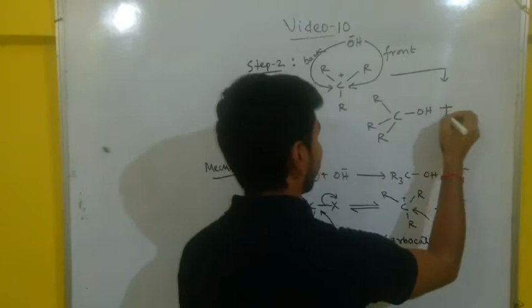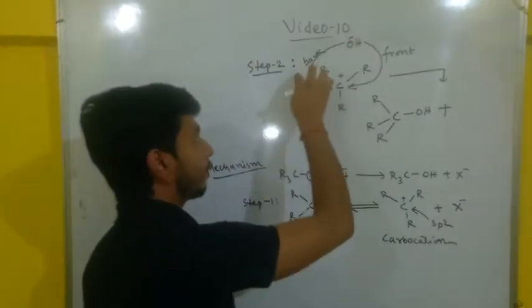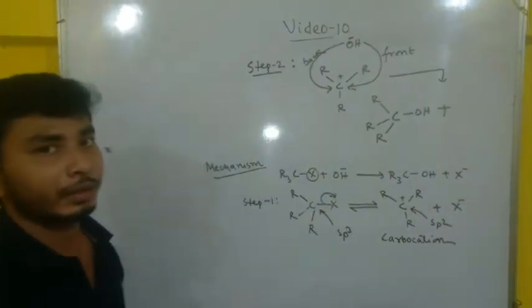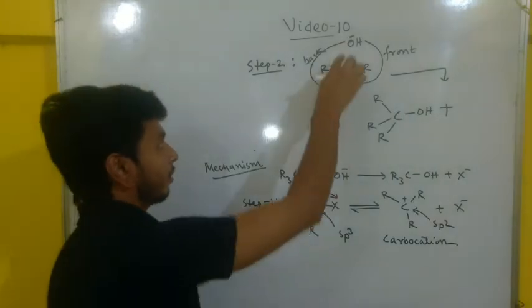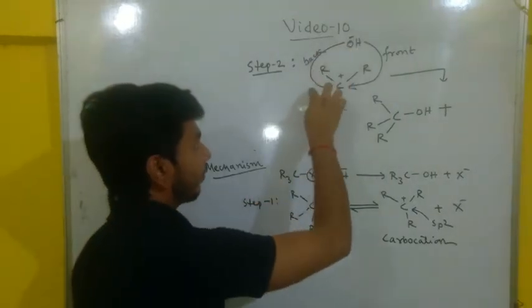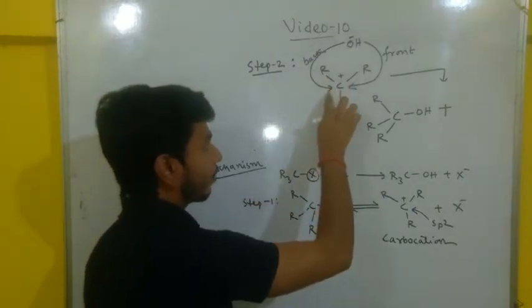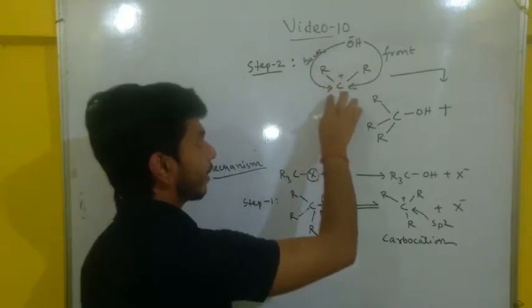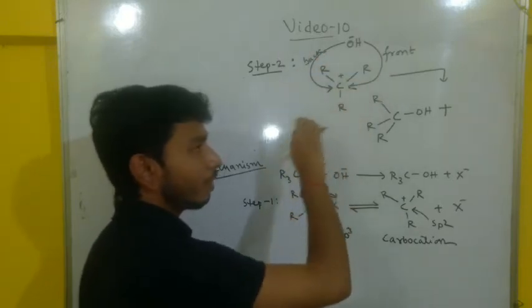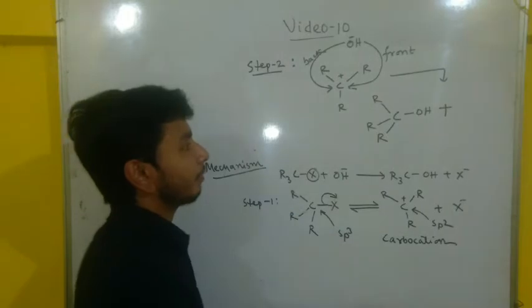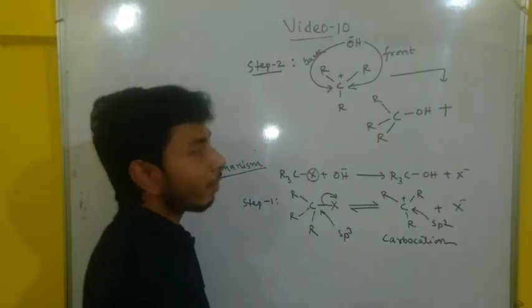And when the nucleophile approaches along the back side, what will be the product? When the nucleophile comes from the back side, the three alkyl groups will move to the front side.